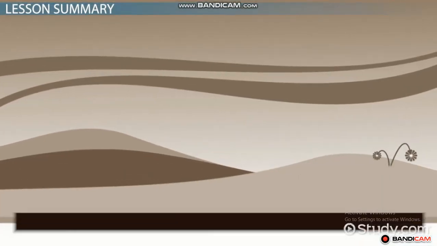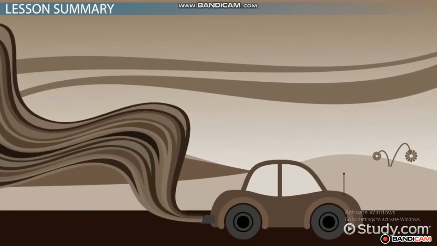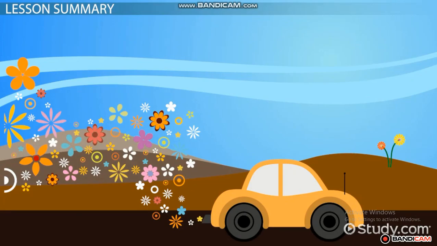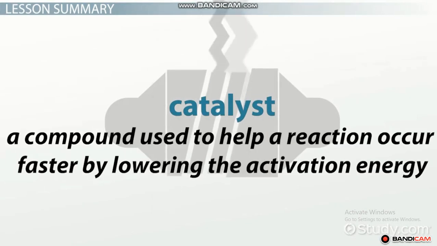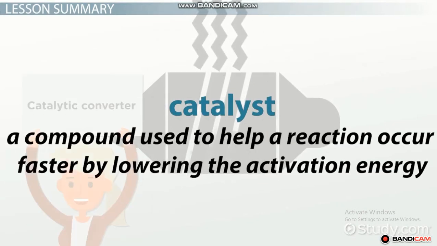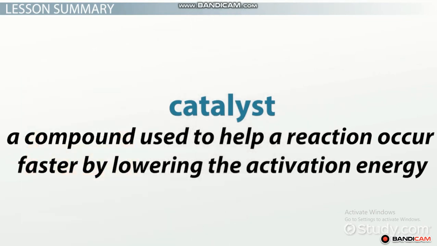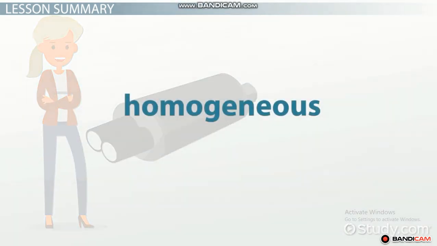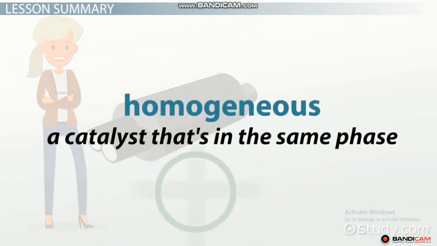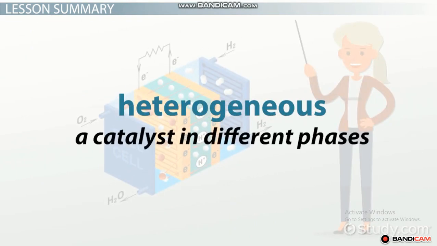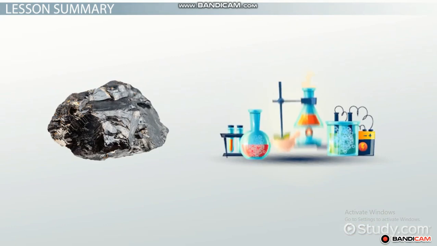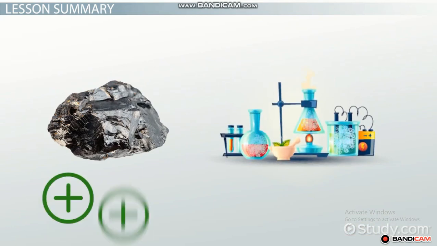Let's take a few moments to review what we've learned in this lesson about the different types of catalysts in chemistry. Essentially, a catalyst is a compound used to help a reaction occur faster by lowering the activation energy. These catalysts can be homogeneous, which means a catalyst that's in the same phase, or heterogeneous, which means a catalyst in different phases. A homogeneous catalyst mixes the catalyst with the reactants, allowing it to speed up the reaction.